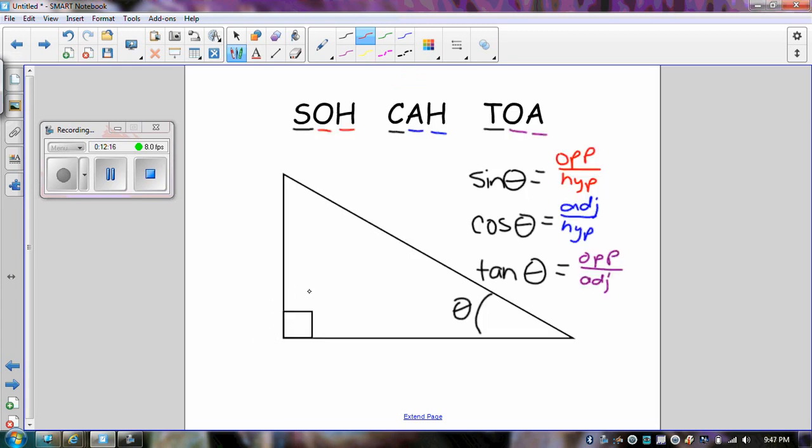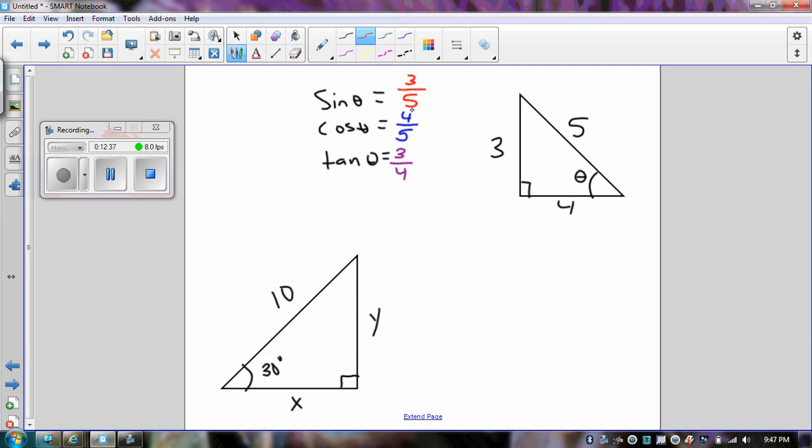So right away, if I'm looking back at my SOHCAHTOA, my options for solving this are either going to be sine or cosine. And that's because I know the value of my hypotenuse. Tangent wouldn't be valuable here because I don't know opposite or adjacent. Now, since I'm solving for the x value, I'd ask myself, what is the x side in relation to the 30-degree angle?